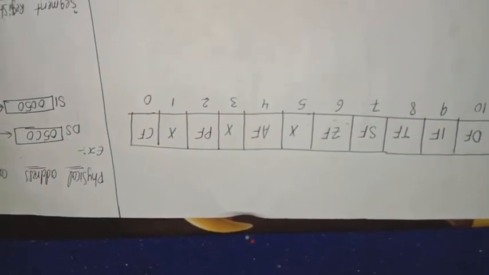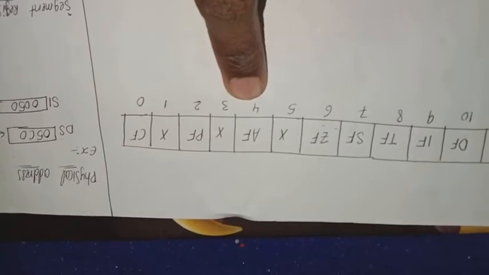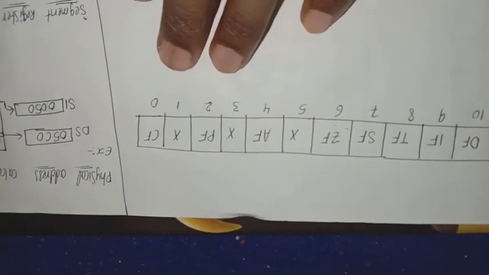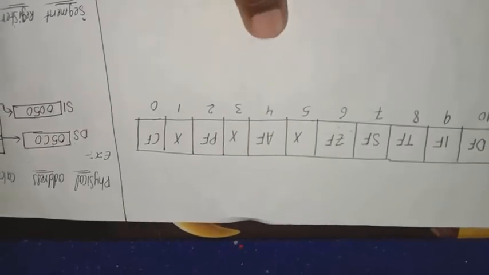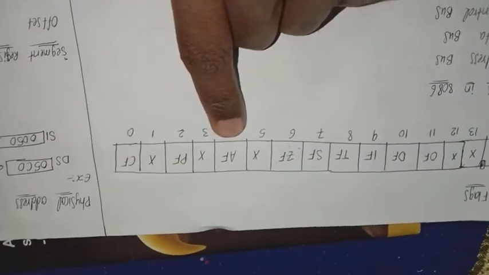As we said, if we do an addition or subtraction, and there is a carry from the lower nibble of the data to the upper nibble of the data, then this AF is set to high.